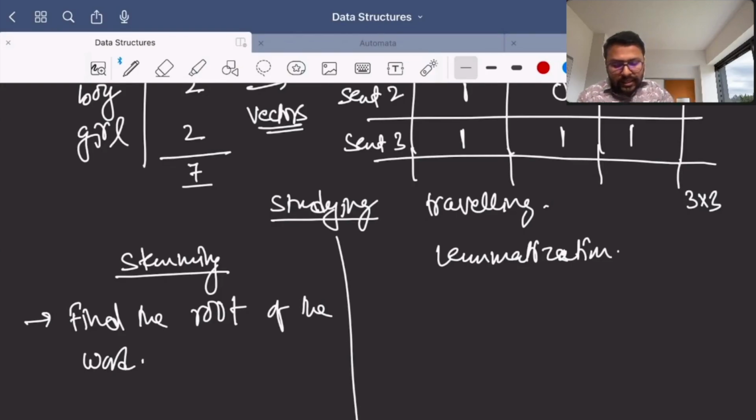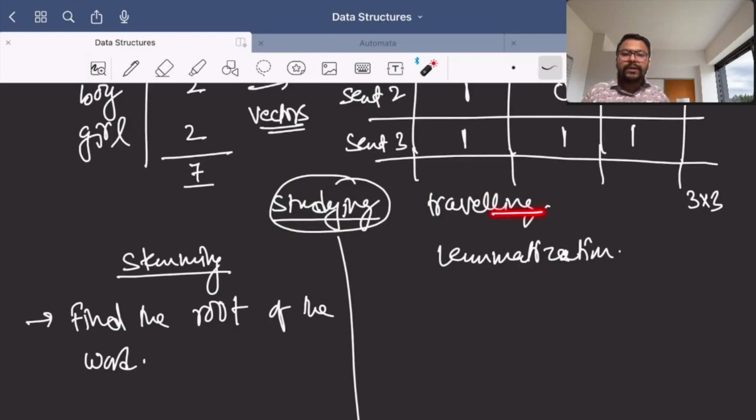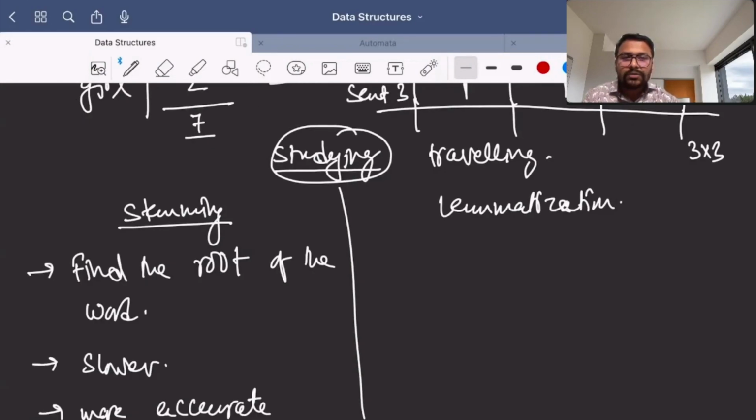So in studying, the root of the word is study, or in traveling, the root of the word is travel, without which any other thing available in the word is meaningless. It is slower, but more accurate. Why is it slower? Understand why it is slower.